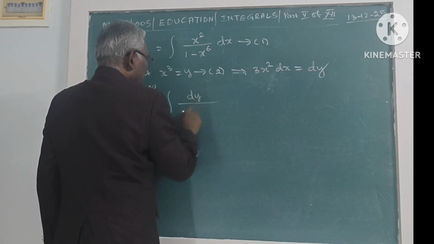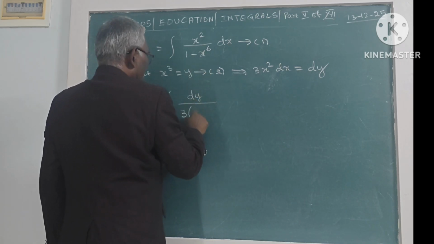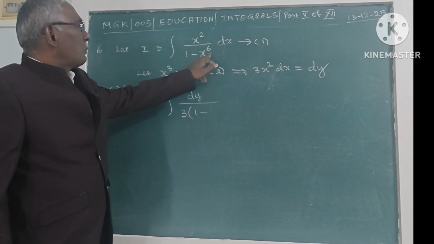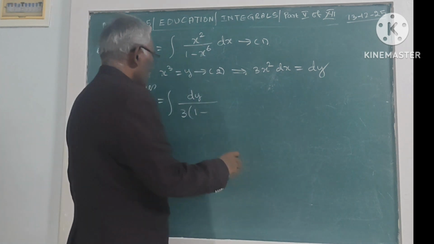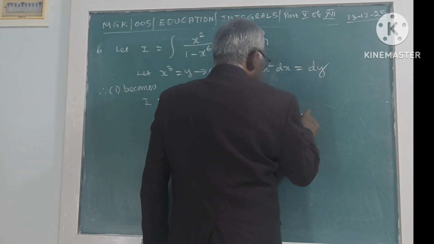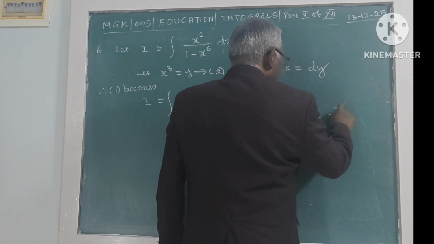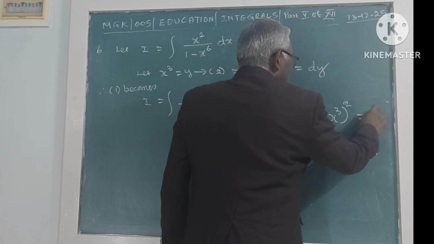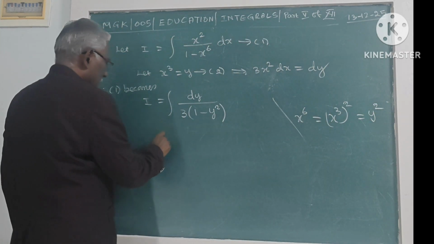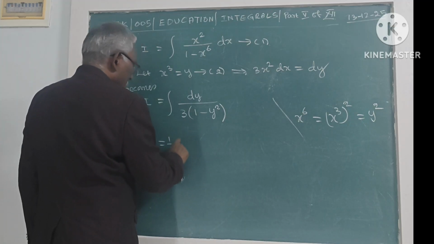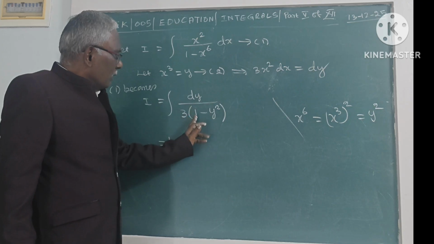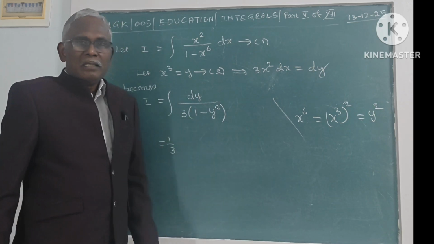So dy by 3, then 1 minus x power 6, and x power 6 can be written as x cube whole square, which is y square. So what form is this? This is nothing but integral dx by a square minus x square form.